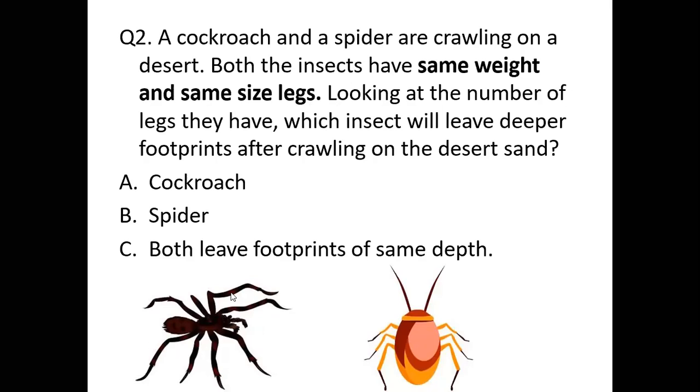Therefore, spider will make less footprint. Cockroach will make more footprint because cockroach will press the ground with more pressure. Area is less in cockroach. Area is more in spider. Okay.